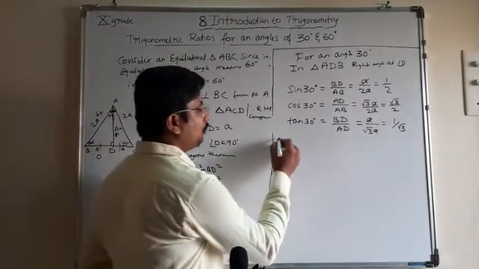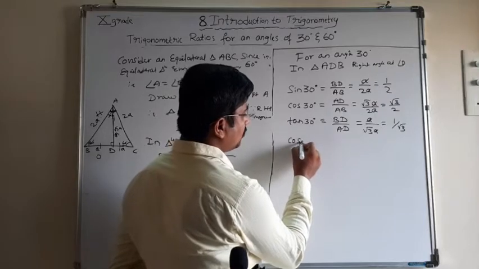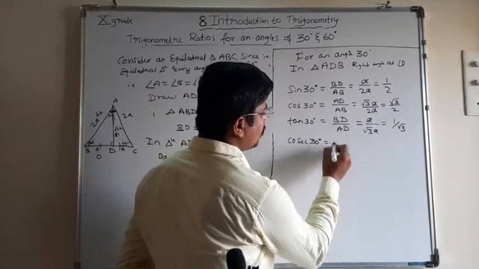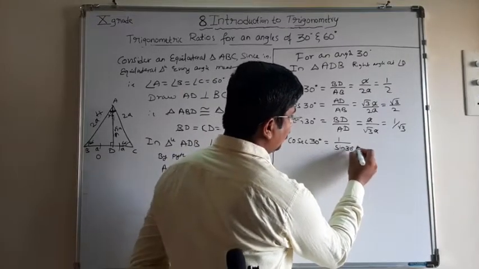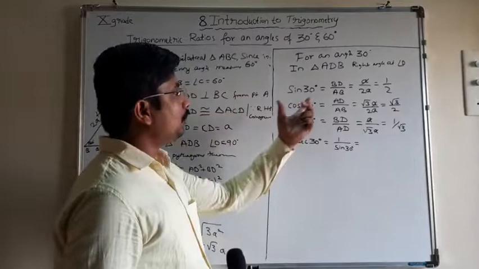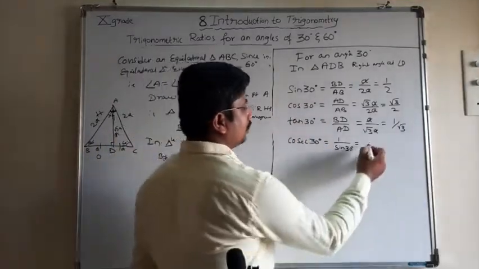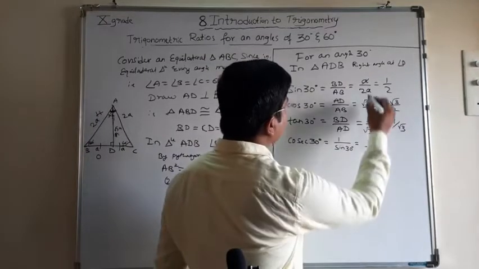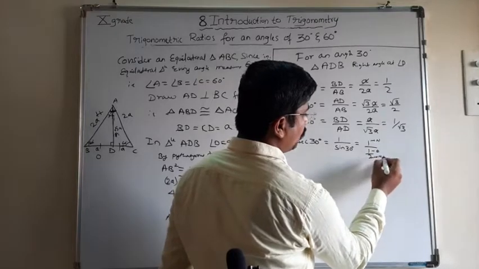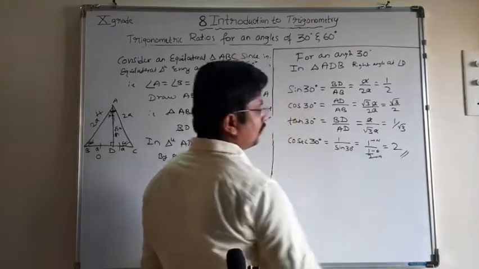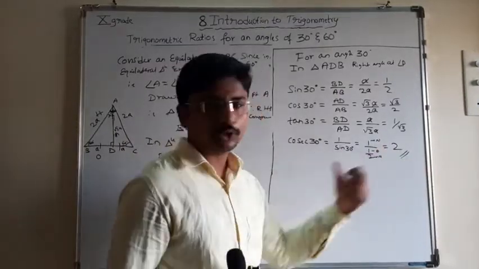Now the fourth trigonometric ratio, cosec 30 degree, is the reciprocal of sin 30 degree, that is 1 divided by 1 by 2, which becomes 2. Therefore, cosec 30 degree is equal to 2.